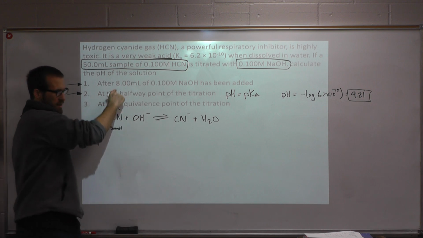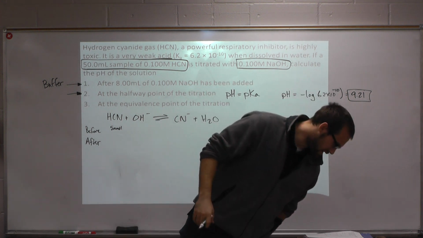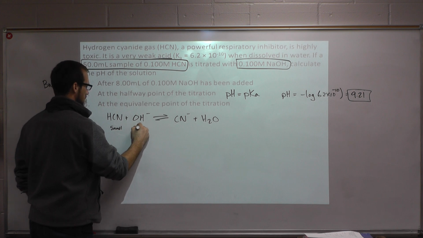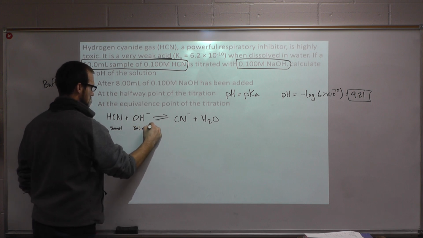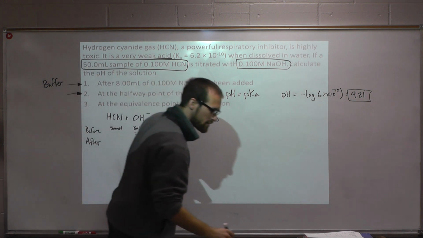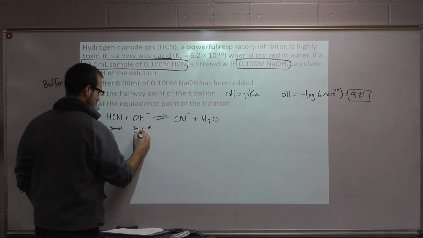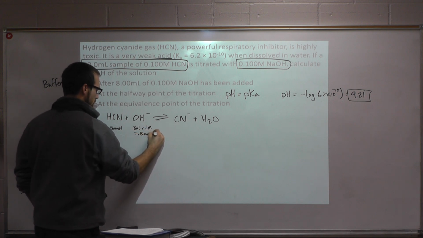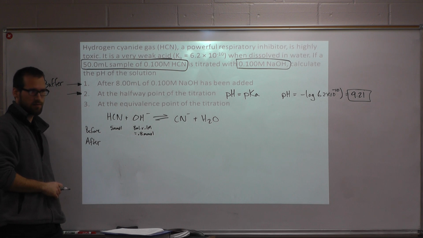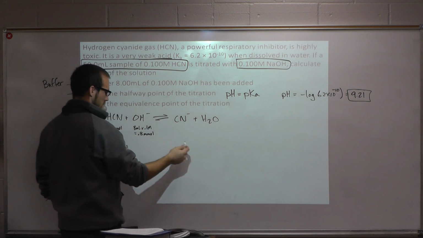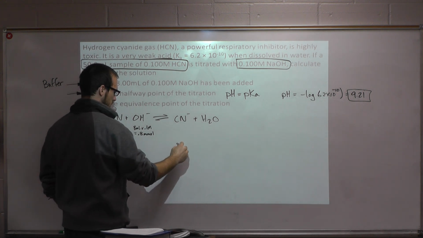So can somebody, well, I'll just look it up. 8 milliliters times 0.1 is 0.8 millimoles. Do what? Subtract. So after, I should have 4.2. And over here, 0.8.